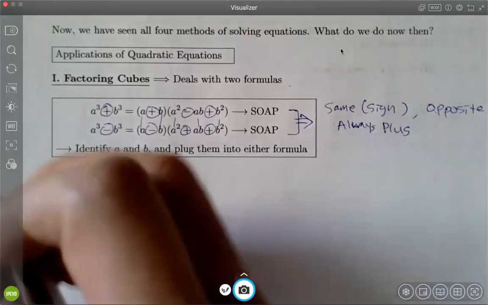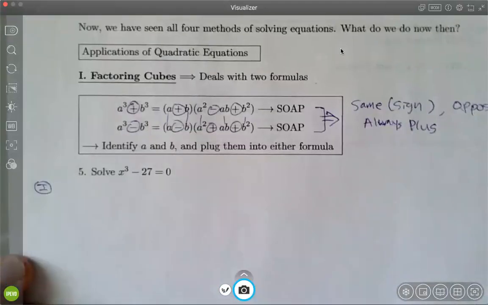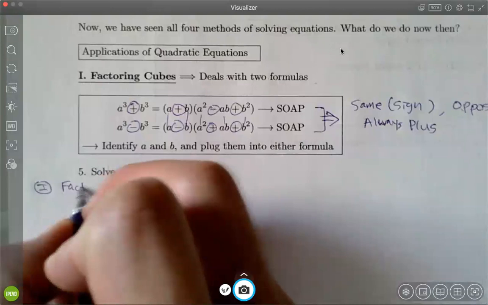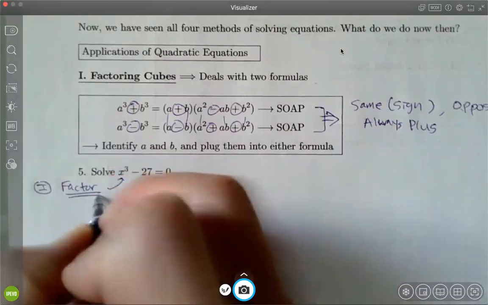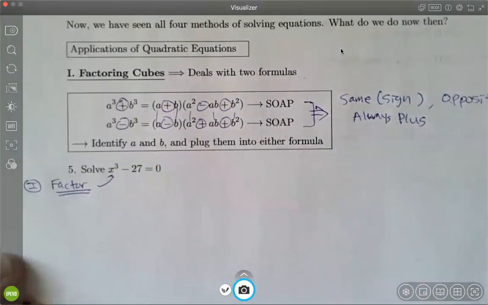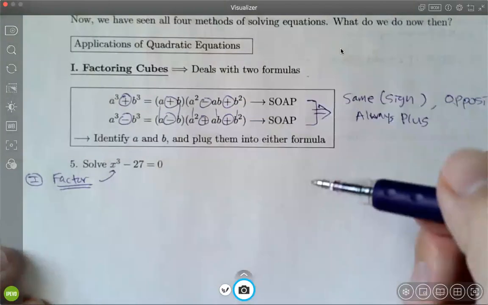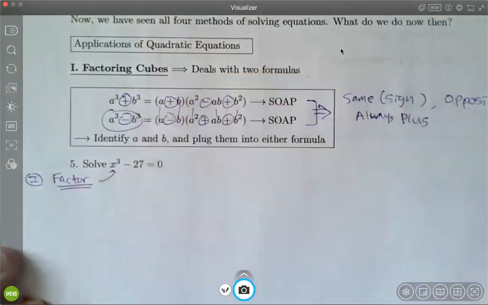We start off by trying to factor the left-hand side, x cubed minus 27. Which formula should we use? It's the second one. The reason is simple: we have subtraction in between x cubed and 27.